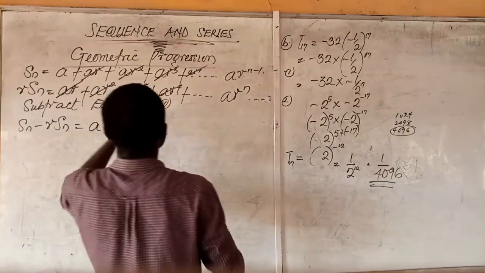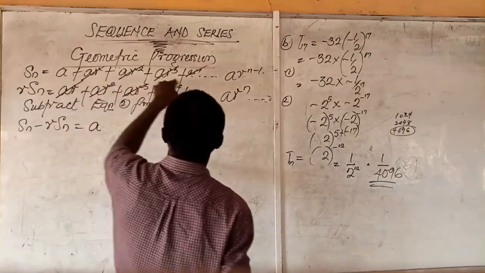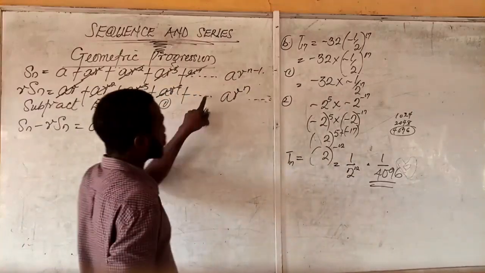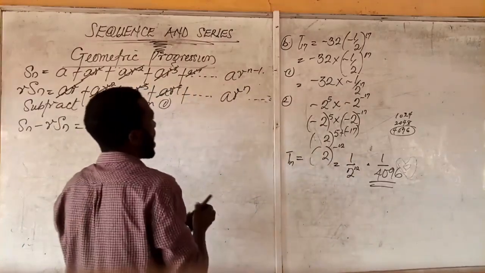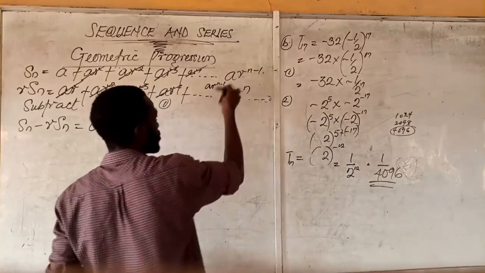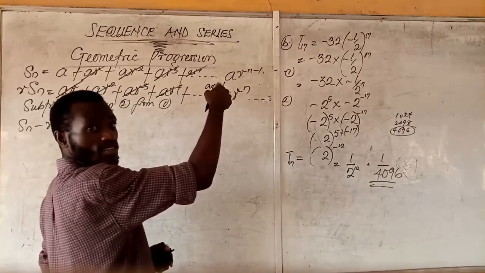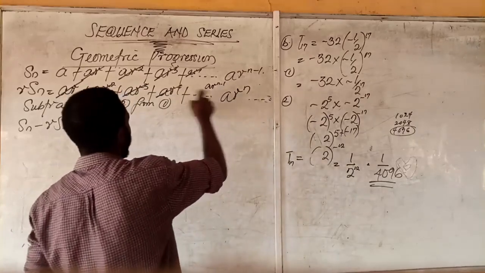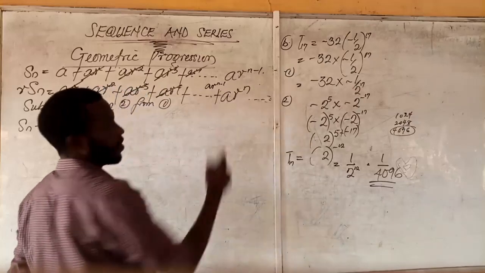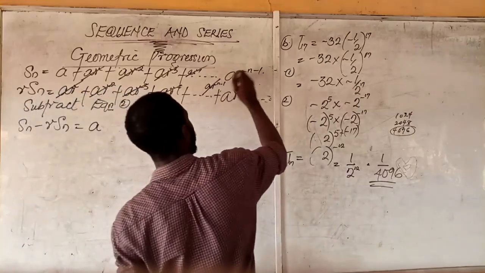So I progress here all through by multiplying by the common ratio, and I progress here too by multiplying by the common ratio. It means that before I got this term, I had this term, AR raised to the power n minus 1. Then it was this that I multiplied by R. Do you get that? It was this that I multiplied by R, just like I did here, that gave me this. So it means that this term will cancel out this term.